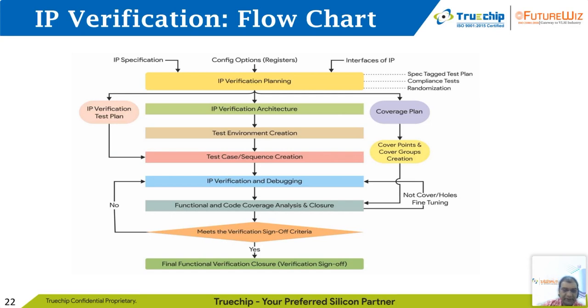The coverage plan tells you the points that we must cover in our verification. Whether your test has executed these scenarios or not, the simulation tool will tell you that this is covered or not covered. So coverage is a metric to tell you how good the quality of your verification is.